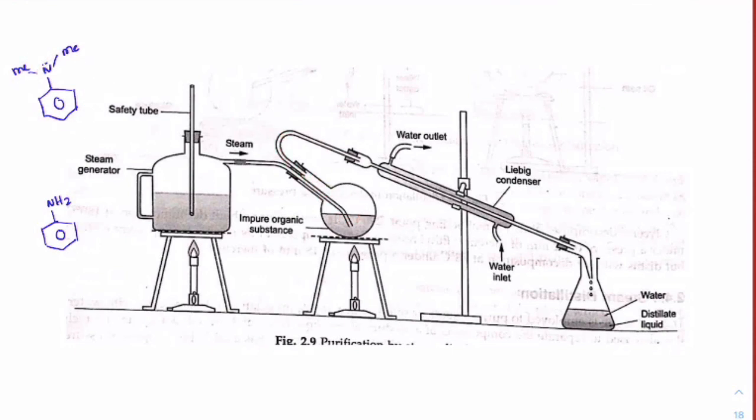The principle behind steam distillation is that this molecule should be miscible with the water or the steam in its vapor state, not in liquid state but in vapor state. In vapor state it will be nicely mixed. I would say both of them should mix together and come out at a lower boiling point. Got it?